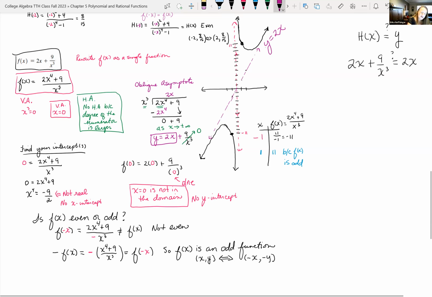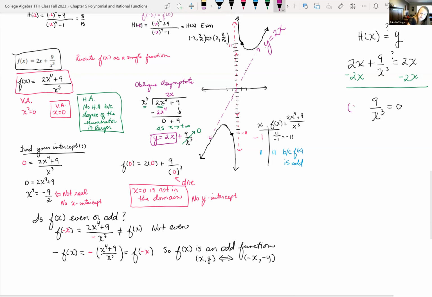I would probably start by clearing my fraction and multiplying both sides by x cubed. Or actually, just because I see it, let's do this first. Notice if we subtract 2x on both sides of our equation, well, 2x minus 2x cancels on the left, and 2x minus 2x cancels on the right. And so you're left with 9 over x cubed equals 0.